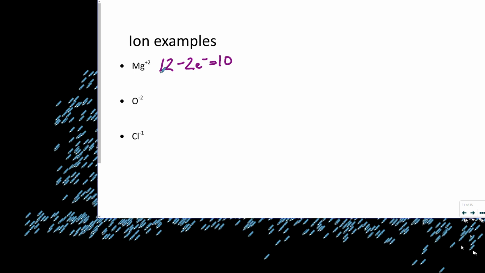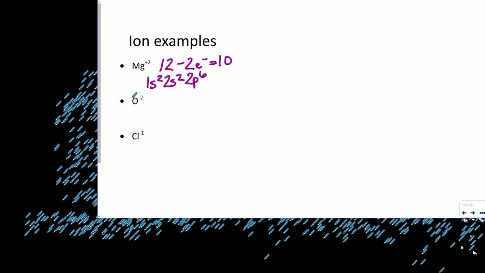So filling in my 10 electrons, it's going to go through 1s2 to go down to 8, 2s2 gets us down to 6, and then we have 2p, which can hold 6. So it simply took away those outer level electrons, those valence electrons.